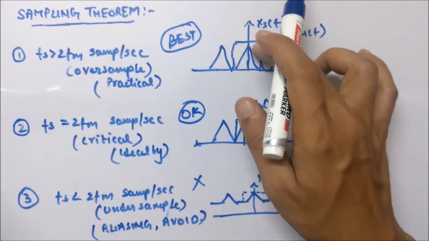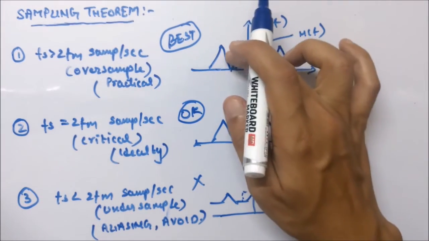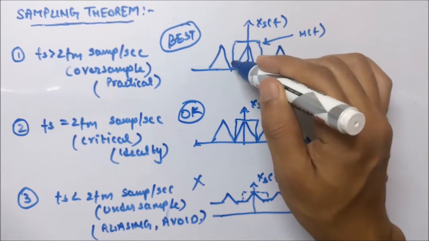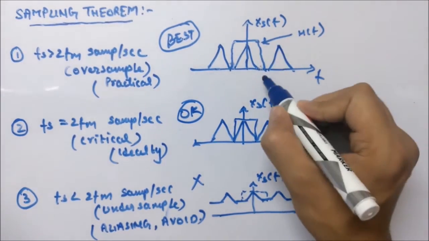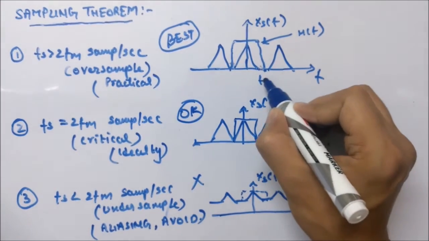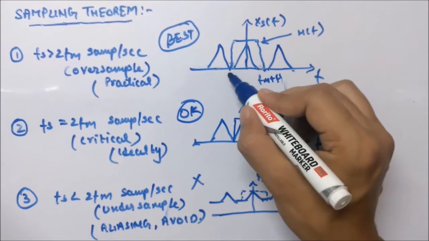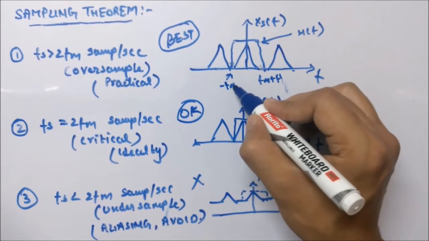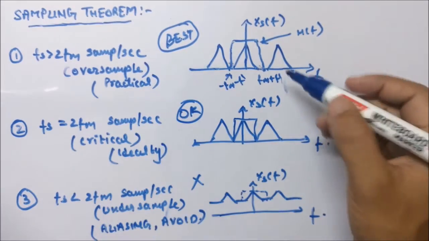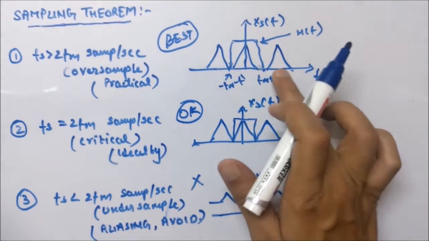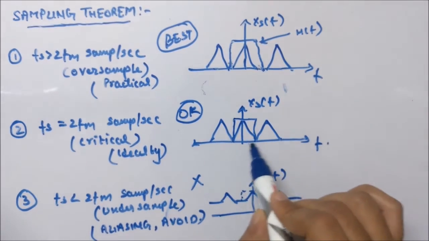So you can be lenient in the frequency band. Let's say this can be some fm plus some f dash, and here also minus fm minus f dash. Some extra width you can take here, but in the critical case it is not possible. Here you have to be between minus fm and plus fm.